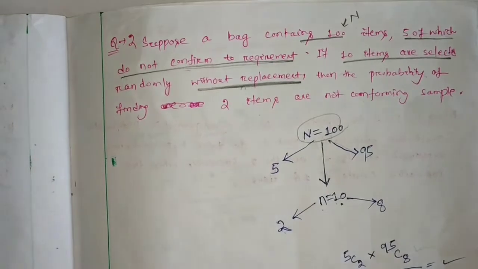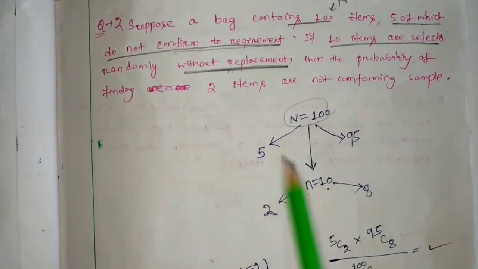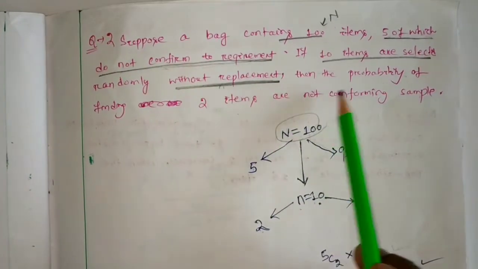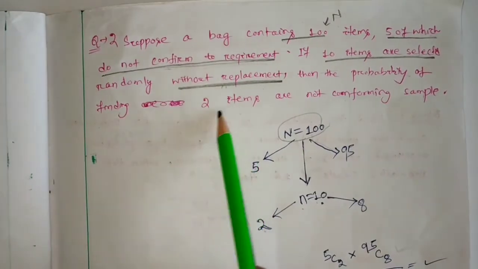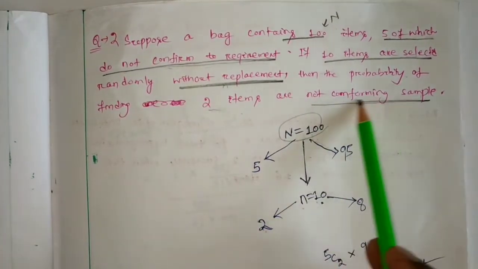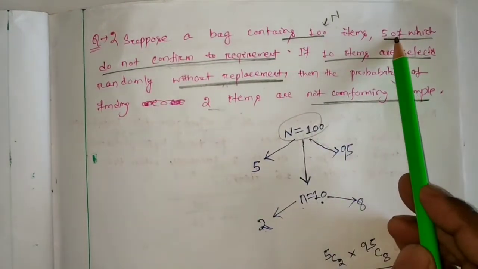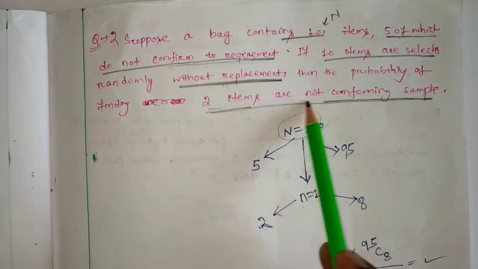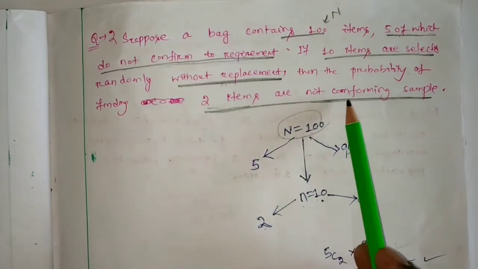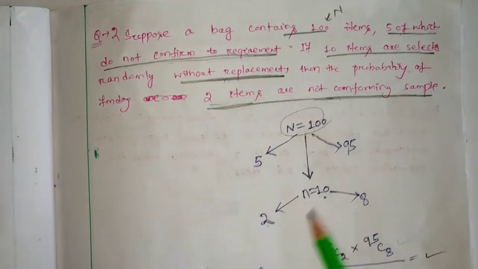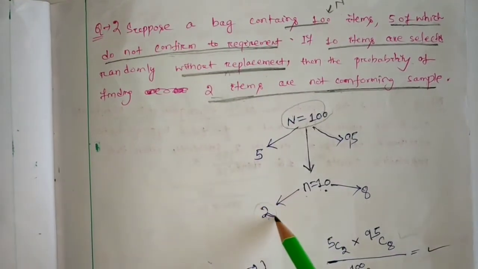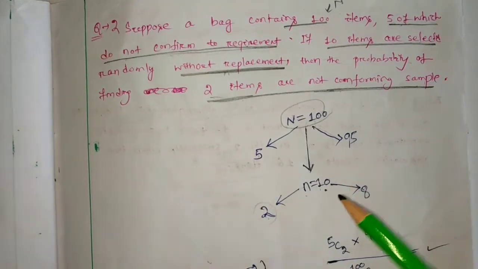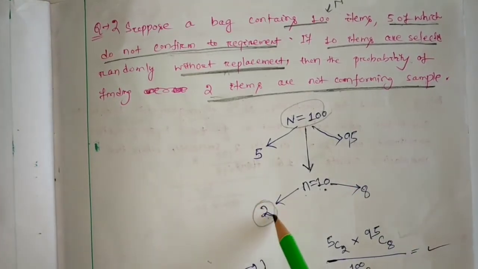So without replacement, then the probability of finding 2 items not conforming in the sample. Here 5 are not conforming, so we intend to find the probability of not conforming samples. On this side we have to write what we intend to find out, which belongs to not conforming from the 10 items.